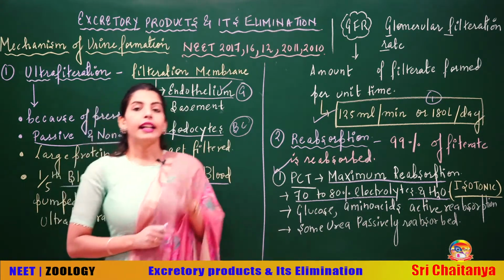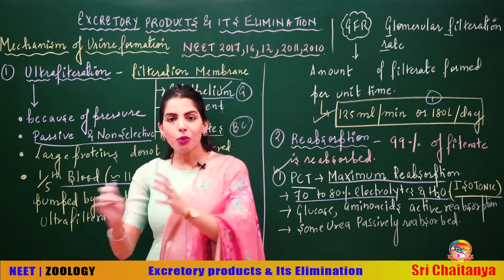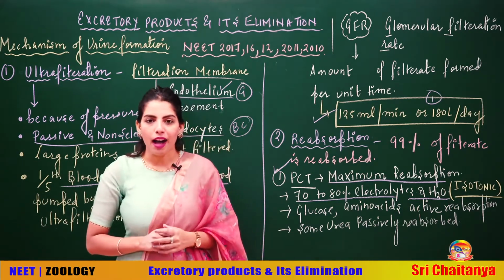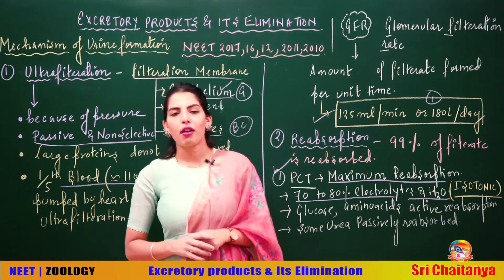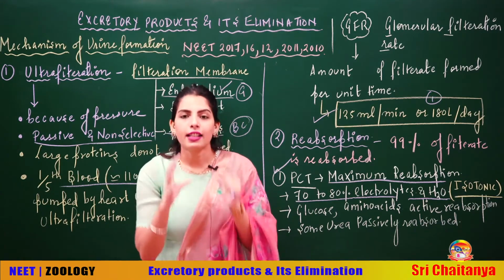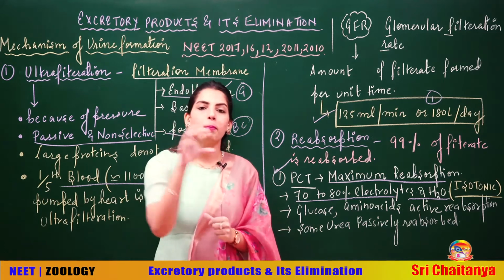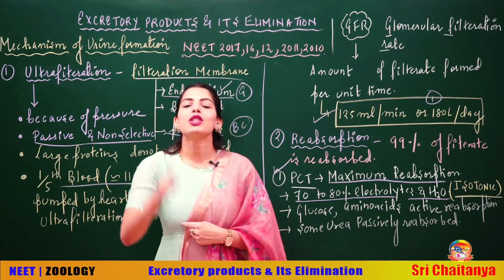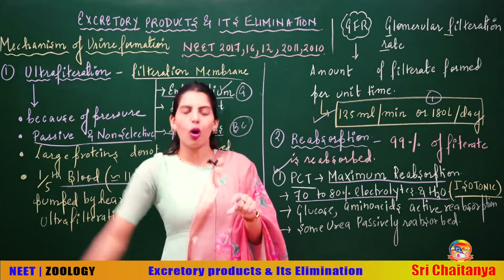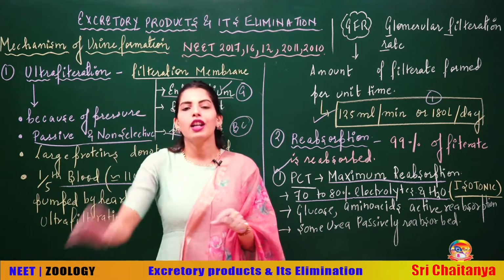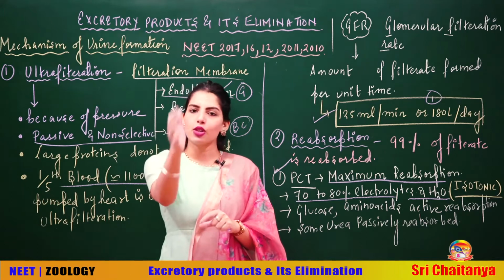Now when the electrolytes as well as water is getting reabsorbed from this part, when you compare the concentration of the filtrate in the PCT with the concentration of blood, it is isotonic. Why? Because you have absorbed equal water and electrolytes from this part, so the filtrate remains isotonic.